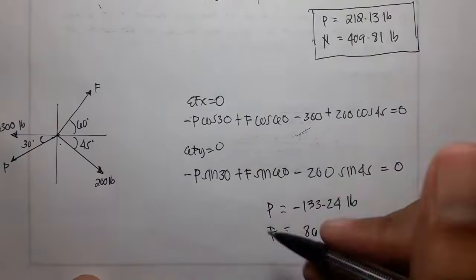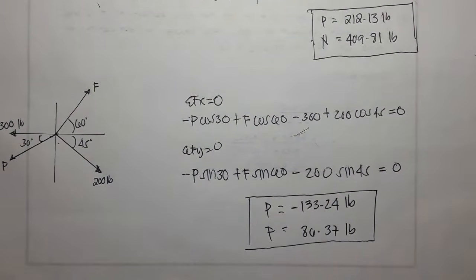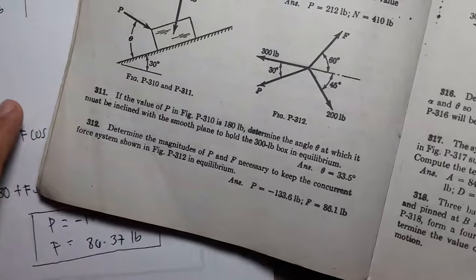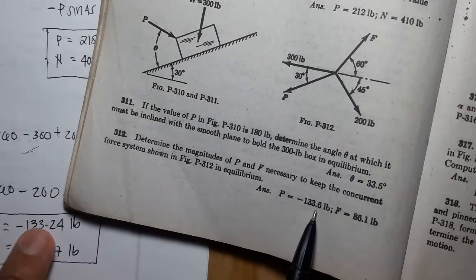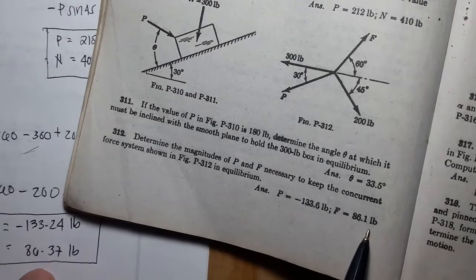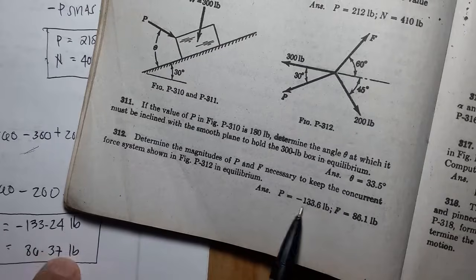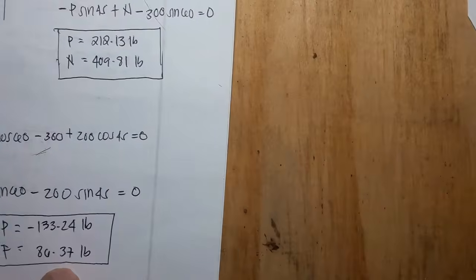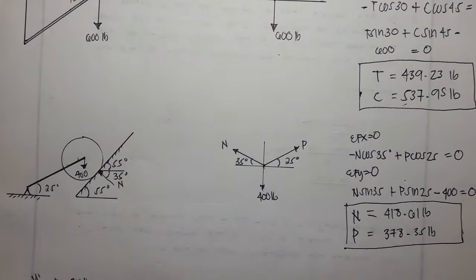So this is the answer. So in the book, the book also has negative 133.6 and 86.1. So it is similar answers. So that is how you solve for the equilibrium force system.